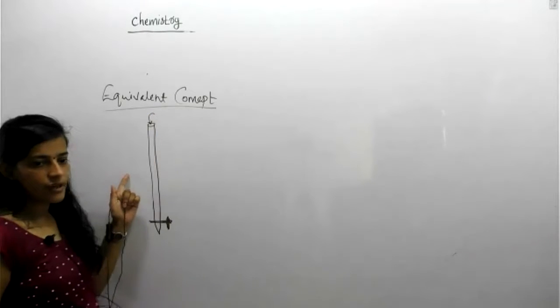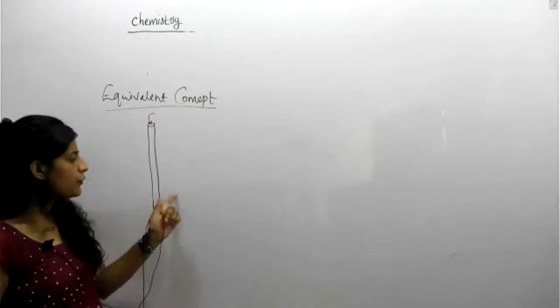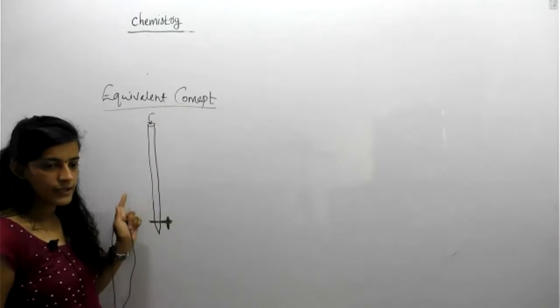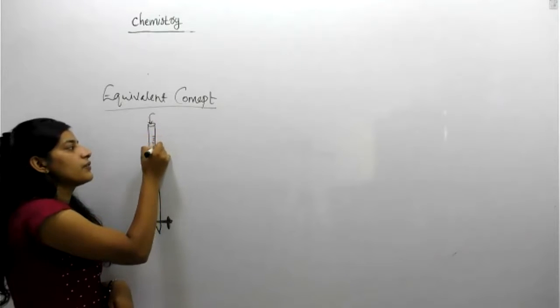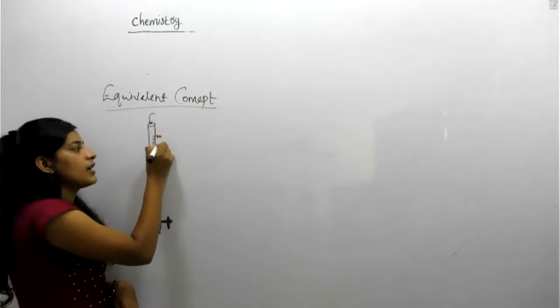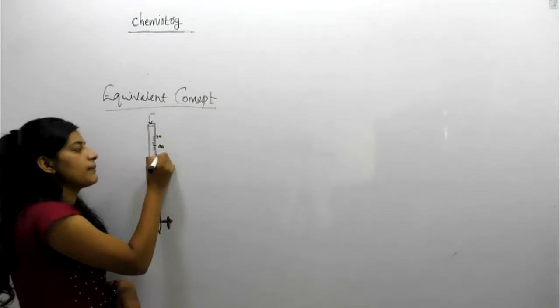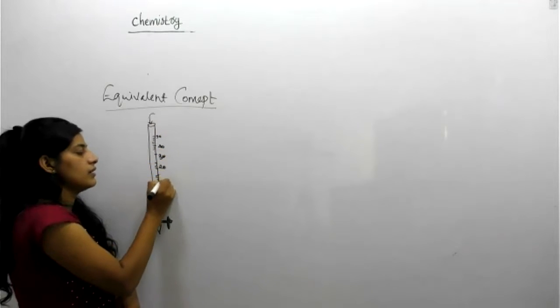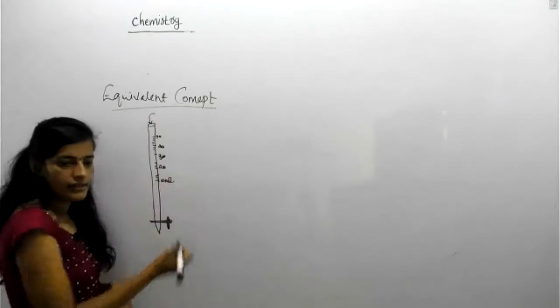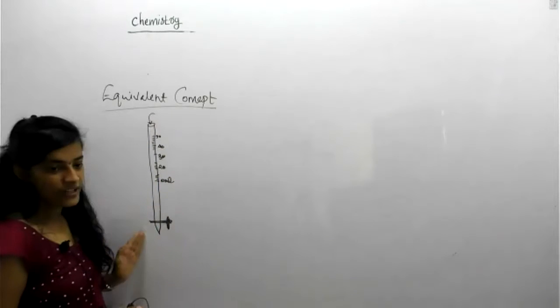Do you know this one? What do you mean by this apparatus? Are you familiar with this apparatus, students? A lot of readings are there: 50 ml, 40 ml, 30 ml, 20 ml, 10 ml. What is this apparatus?